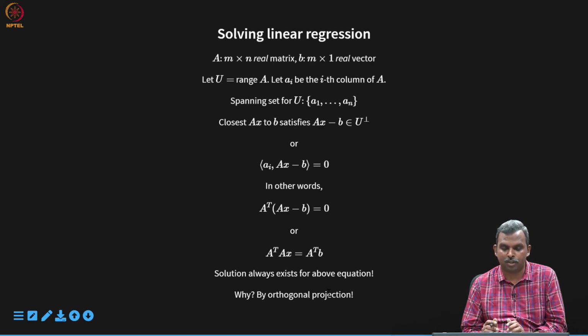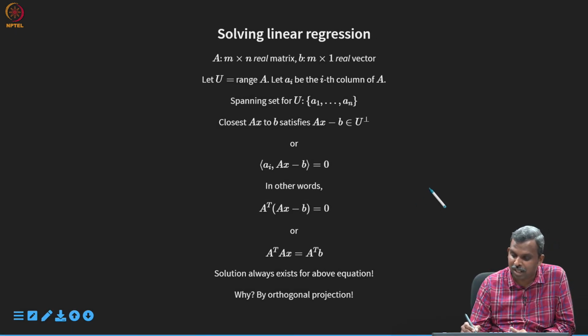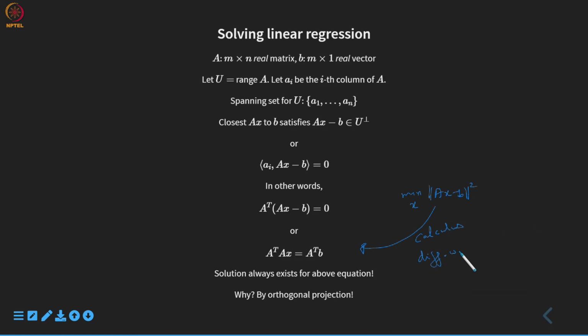If you start with the norm of Ax minus b squared and minimize over x, and if you do calculus, you differentiate with respect to xi and equate to 0, you will get this same equation.